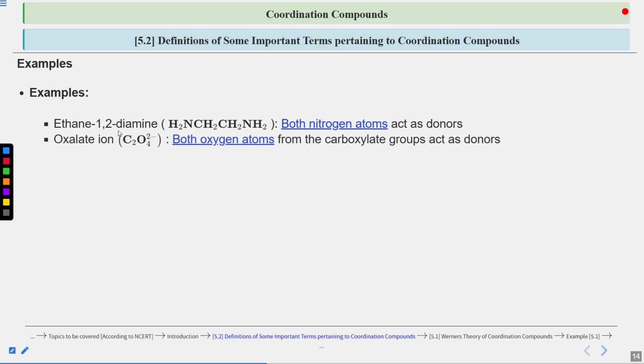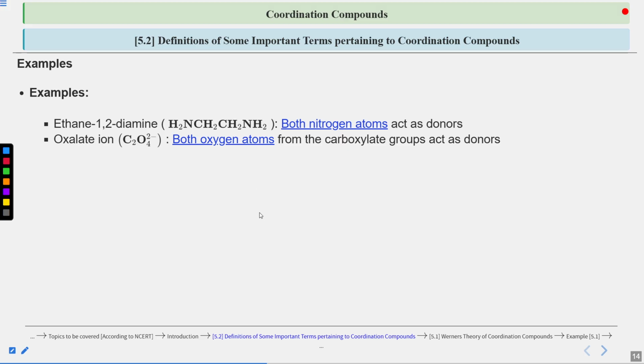The next example is the oxalate ion, that is C2O4 2 negative. This ion has oxygen atoms, and both the oxygen atoms form the carboxylate groups, which act as donors. The structure of the oxalate ion is COO negative, with a single bond between that C and another C, which is again connected to COO negative.